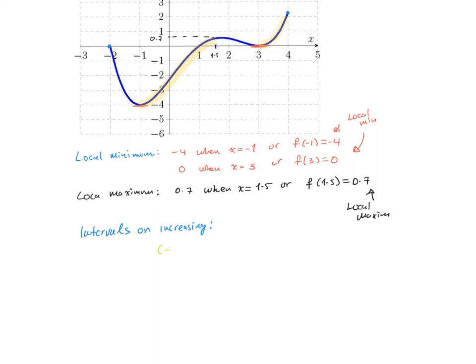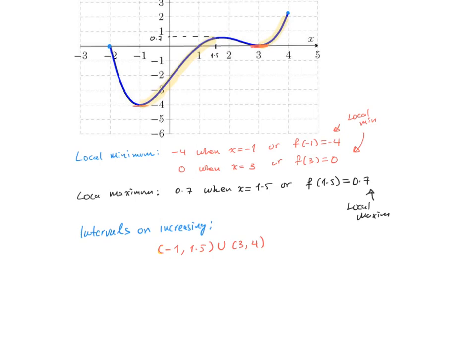So it will go from -1 to 1.5, and notice how now I'm using the parentheses instead of the brackets. So this is technically the correct way to do it, but if you use brackets, it should be okay for now. Or from 3 to 4, and decreasing, it will go from -2 to -1, and 1.5 to 3, and that's it.